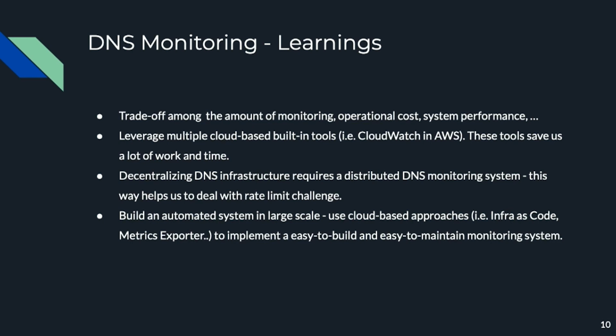Public cloud platforms make it easy to build an automated setup process. We leverage many automated approaches like infrastructure as code and metrics exporters. Those approaches collaborate together to deliver an easy to build and easy to maintain monitoring system at a very large scale.